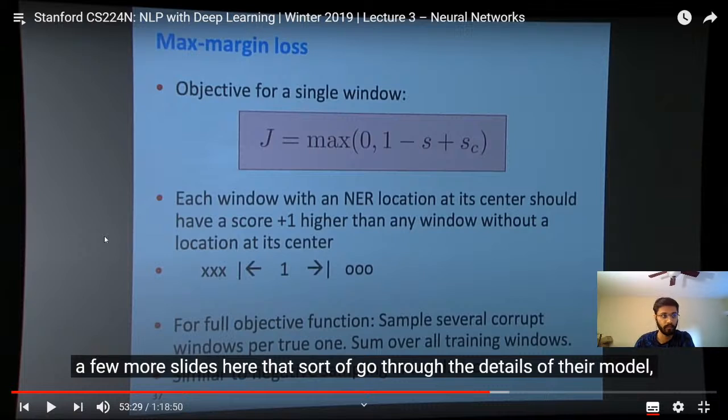I have to find out what a C is. Each window with an NER location at its center should have a score +1 higher than any window without a location at its center.